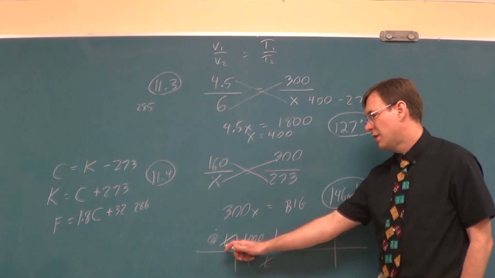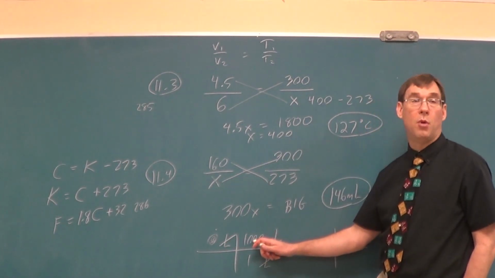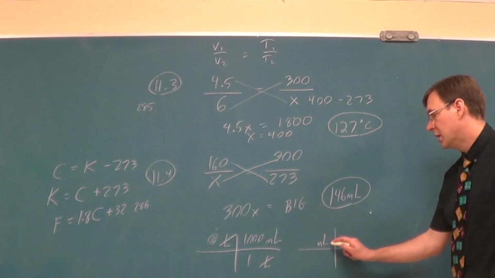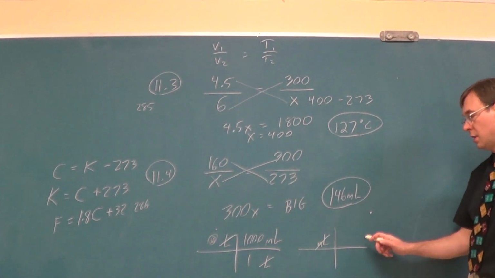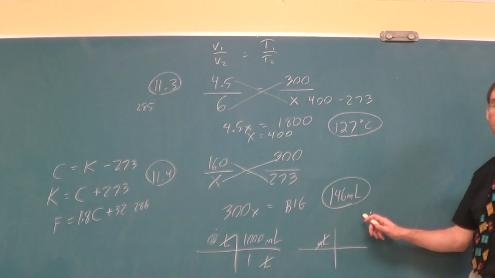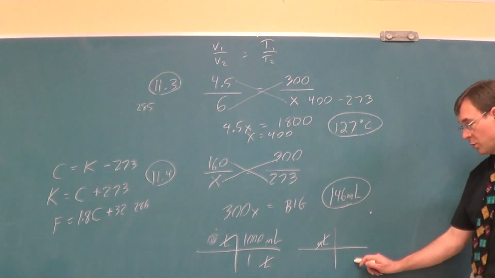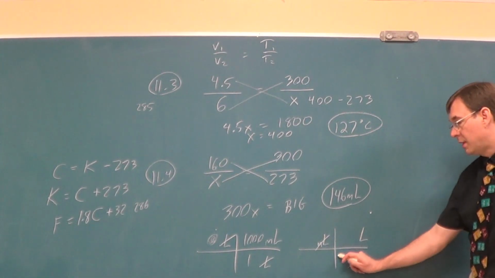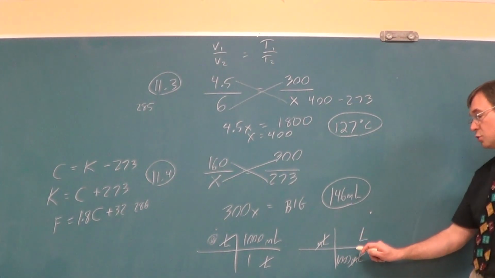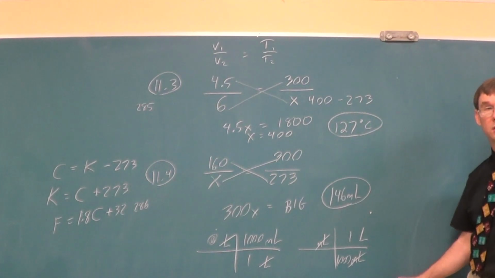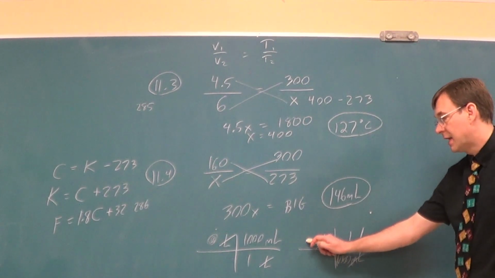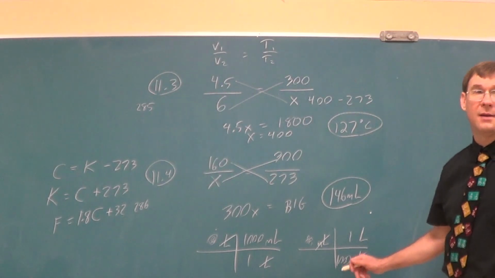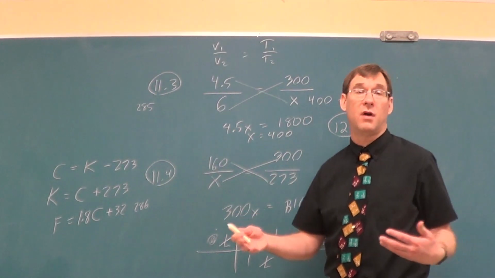So if you want to change liters into milliliters, you're going to multiply 1,000 with that number. If you instead want to get rid of milliliters, we would do this conversion by putting milliliters on the bottom, liters on the top, but still the 1,000 goes with milliliters, 1 goes with liters. And in that case, the number that they gave you, you'll divide by 1,000. You okay with that? Just pick one, whichever one you like better, convert that one.